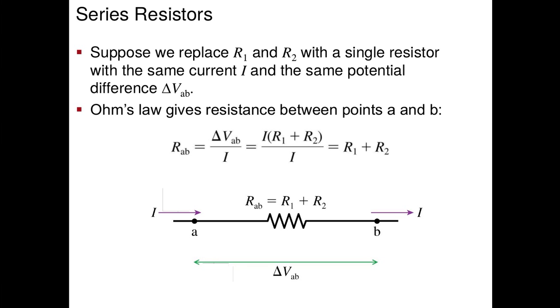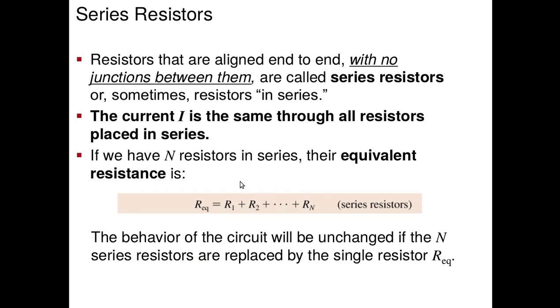If you notice, it's kind of backwards from capacitors, right? When we have capacitors in parallel, their equivalent capacitance is just the sum. So it's different for resistors in series, but the formula is the same. It's just a simple addition. For n resistors in series, the equivalent resistance is just the sum of the individual resistance of each resistor.